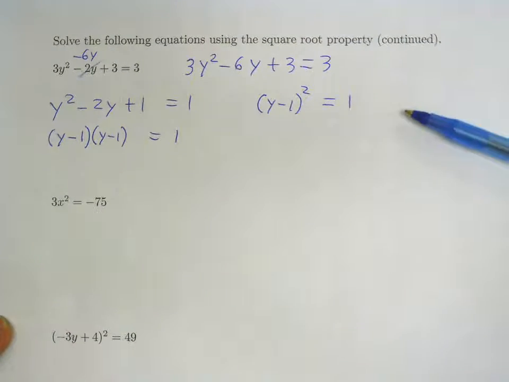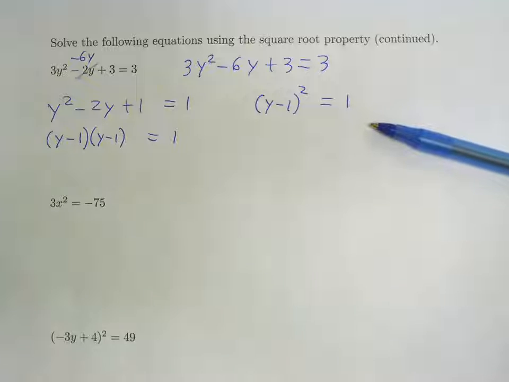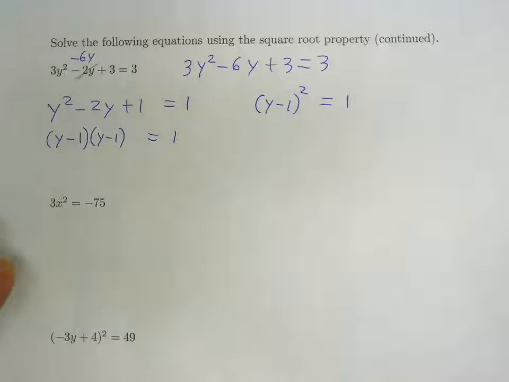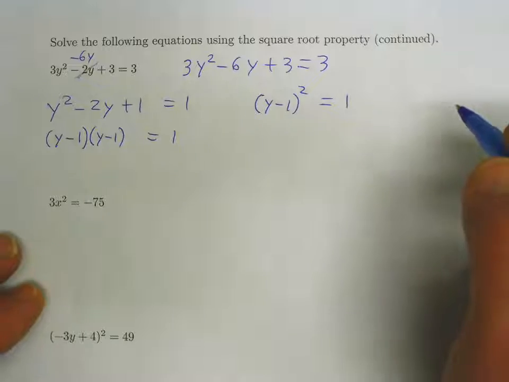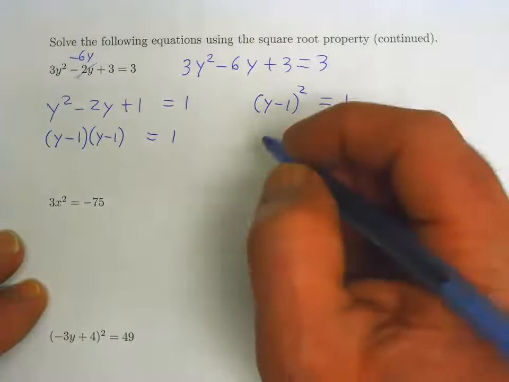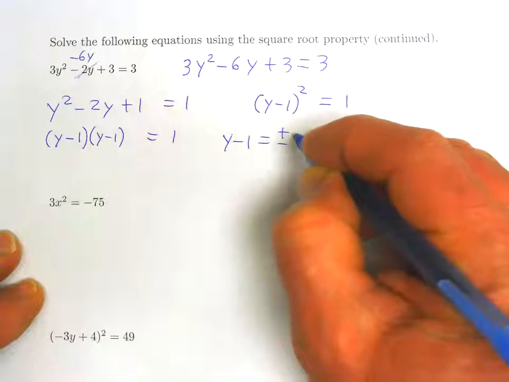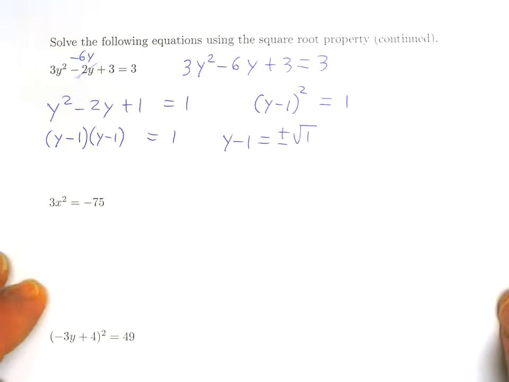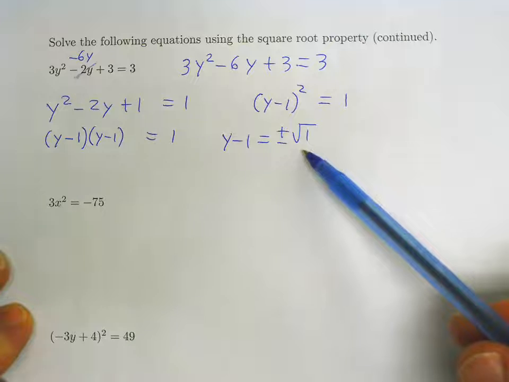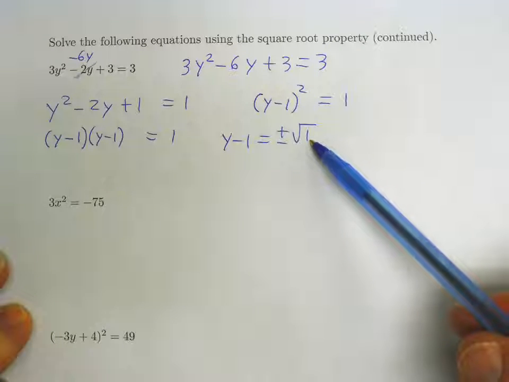And now we have it in a form that we can apply the square root property, like we did earlier. So if y minus 1 squared equals 1, when we apply the square root property, we get y minus 1 equals positive and negative square root of 1. The square root of 1 is just 1.